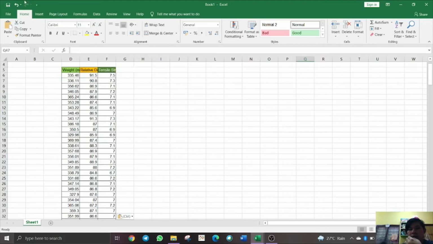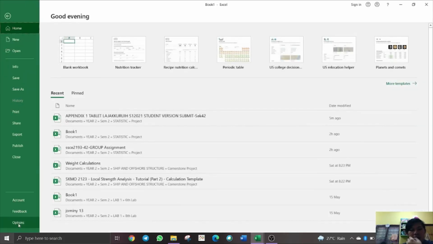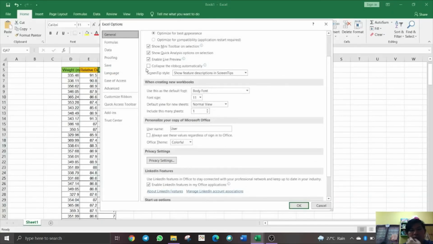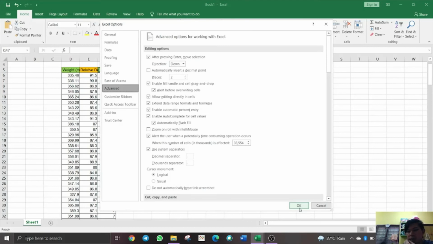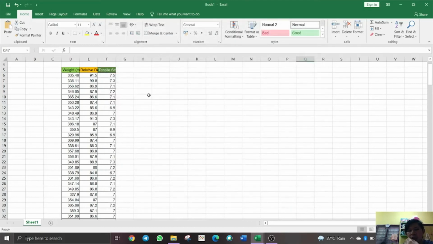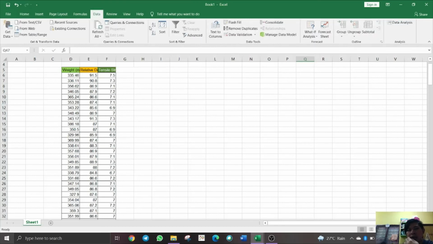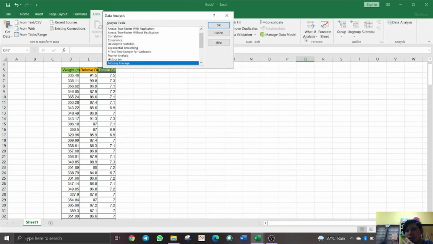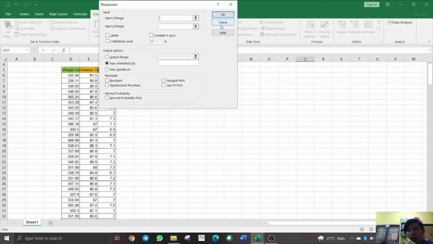Okay, first of all, go to File and click the Options button. So go to Advanced and press OK. Then go to Data and Data Analysis here. Find this Regression, and click OK.